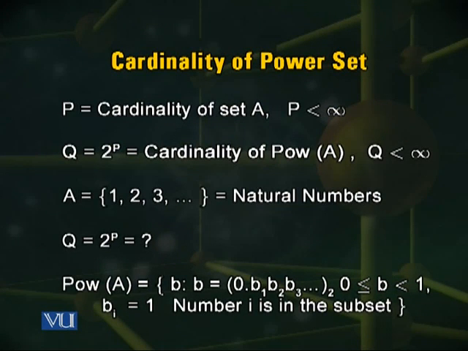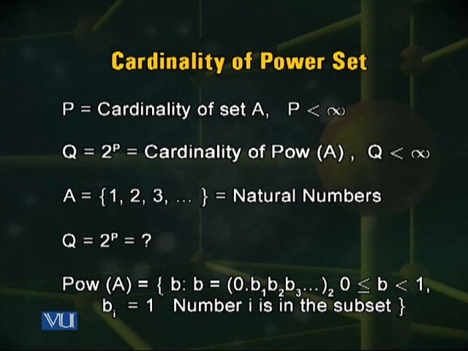So if we have an infinite sequence of these digits B1, B2, B3, B4, and so on, and each one represents whether the corresponding natural number is present in the subset or not, then the total possible number of subsets is equal to the total possible sequences of these digits B1, B2, B3.